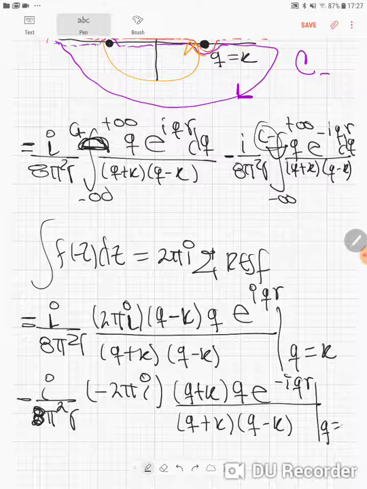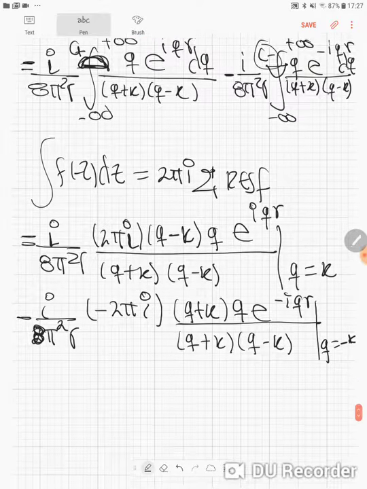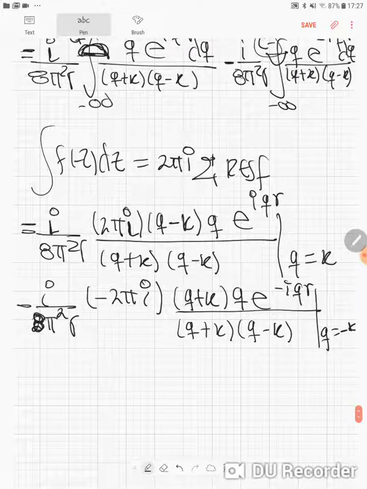It's embracing q equals minus k. Okay, so once we have this, let's cancel stuff. This goes with this. If I evaluate this at q equals k, then this is k here. This is 2k.